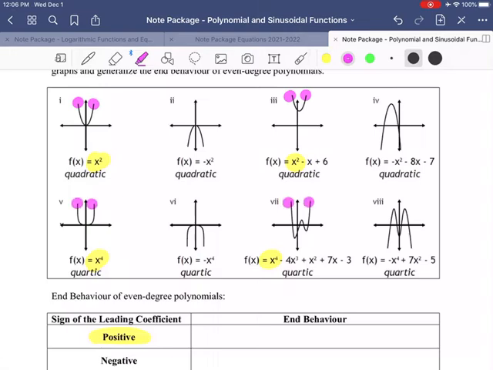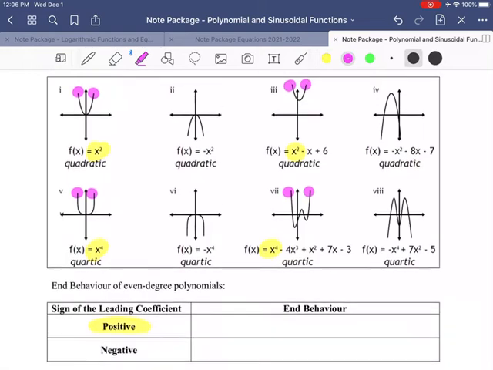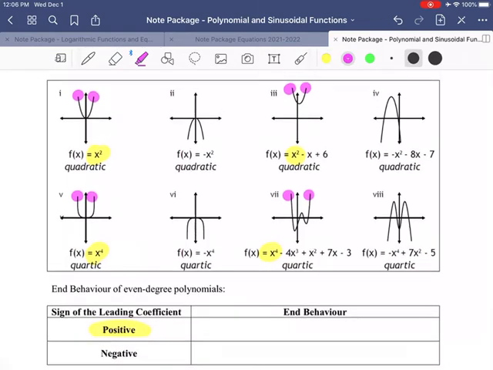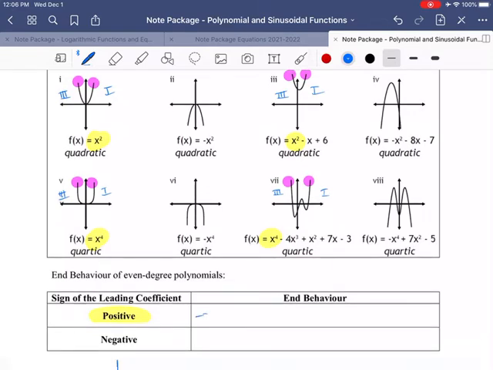Where are the endpoints for positive leading coefficients? Well, they all start in quadrant 3 because we're reading left to right. Okay? And they end in quadrant 1. So the end behavior is they start in Q3, and they end in Q1. And both ends are up.